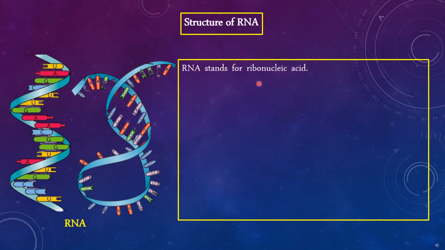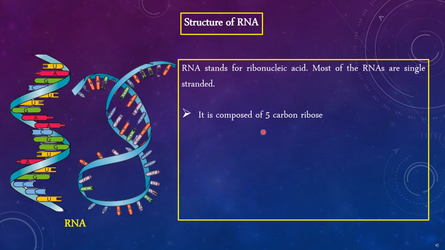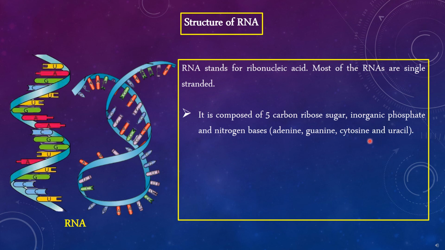RNA stands for ribonucleic acid. Most RNAs are single stranded. It is composed of 5 carbon ribose sugar, inorganic phosphate, and the nitrogen bases adenine, guanine, cytosine and uracil. Instead of thymine, uracil is present here.